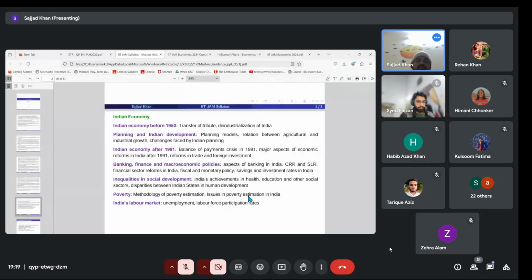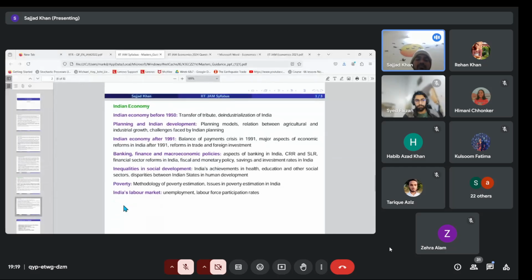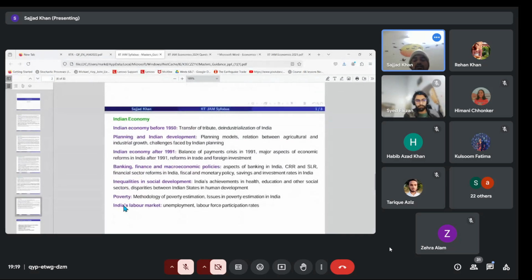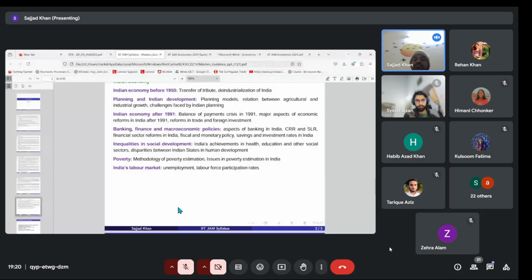So the basic thing is to focus only on the committees in this sector, like the different committees that have been set up on poverty. And India's labor force participation, you can read it from the 11th class NCERT.